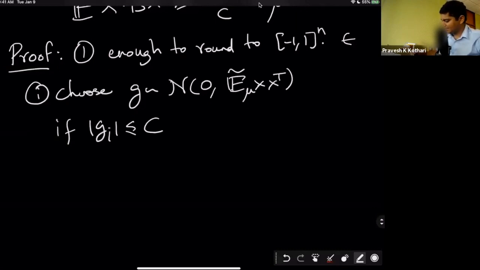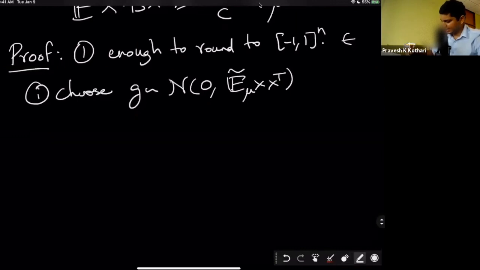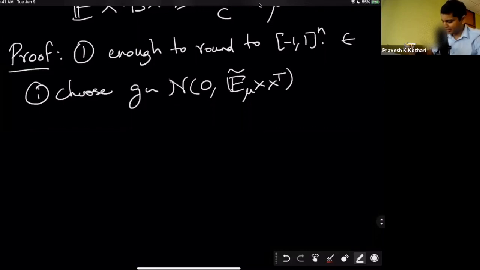Of course, it's actually very simple to prove that, if the diagonals of this E twiddle mu XX transpose are 1, then there's going to be a coordinate of G which is going to be quite large.